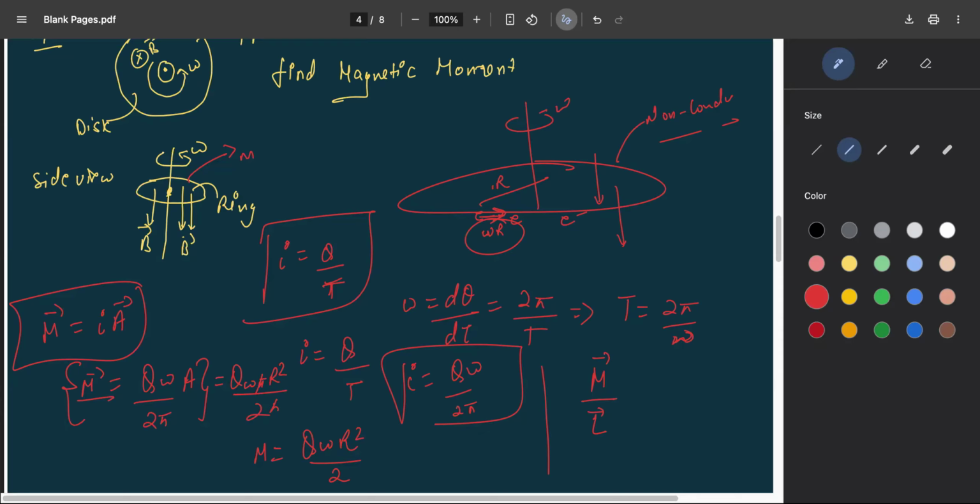Kirtana, what's the angular momentum of this situation? Q omega r square by 2.